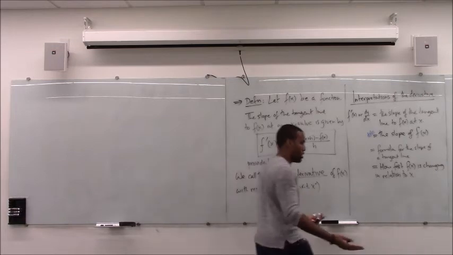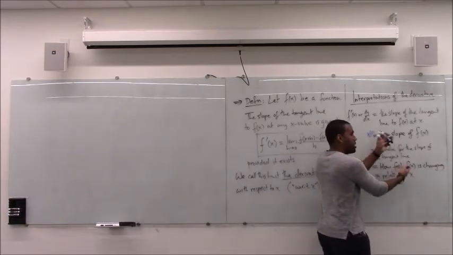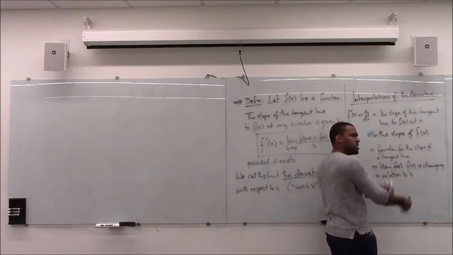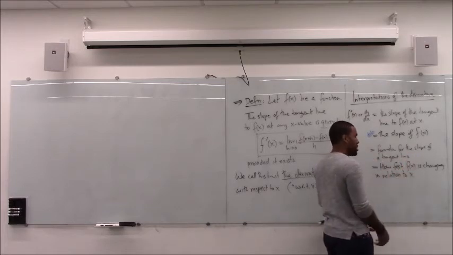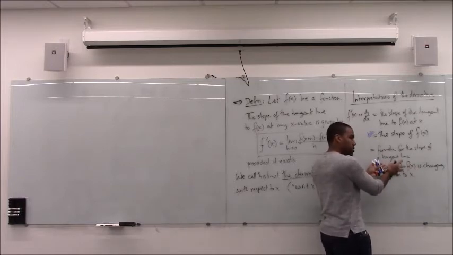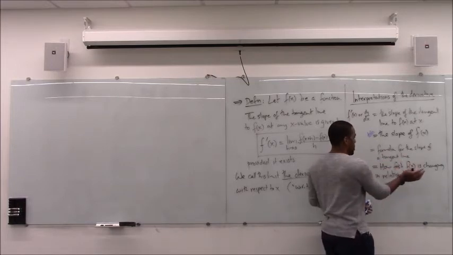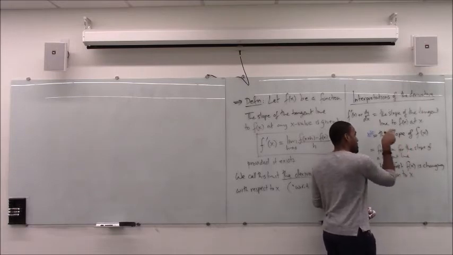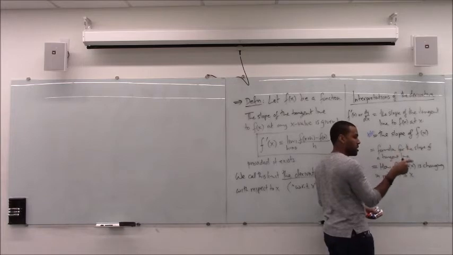But in the real world, f of x is going to represent something. It's going to be some quantity. It's going to be a distance, or it's going to be the size of something, or it's going to be the profit that you're making if you have a business. It's going to have some interpretation on it. And so x is going to also represent something else. And so you want to talk about how fast is this thing moving in comparison to this thing.